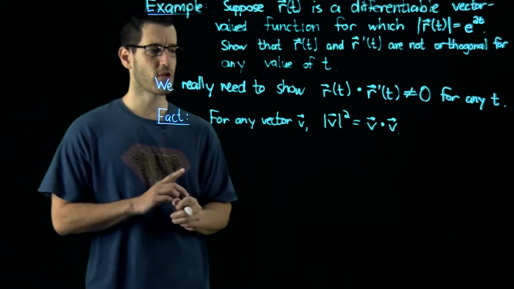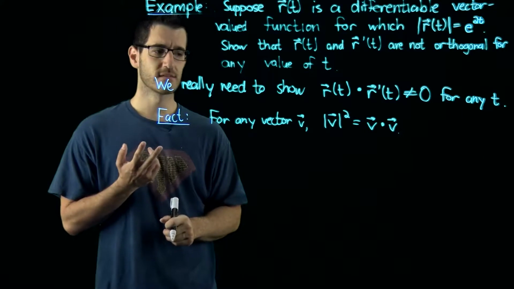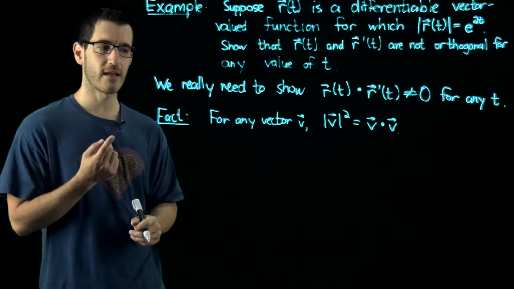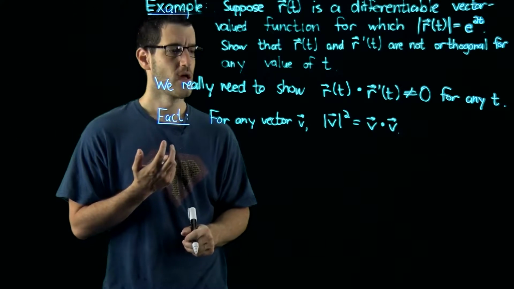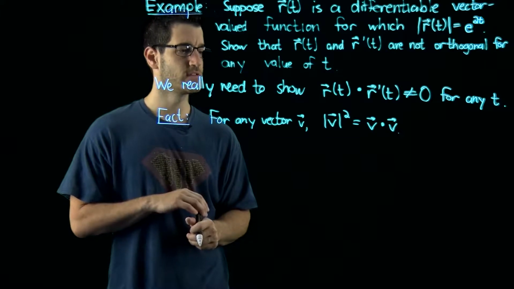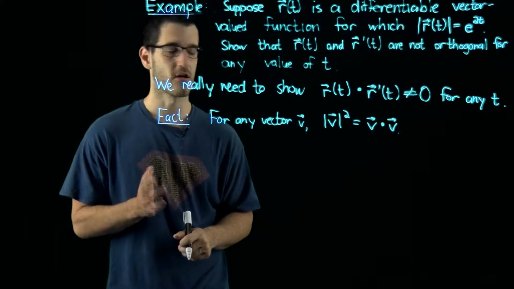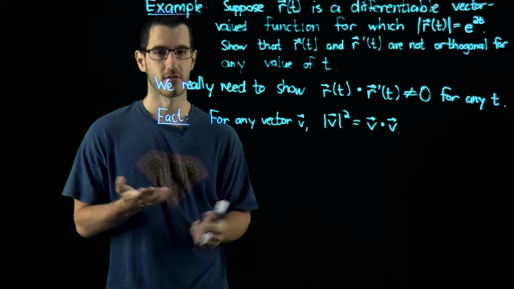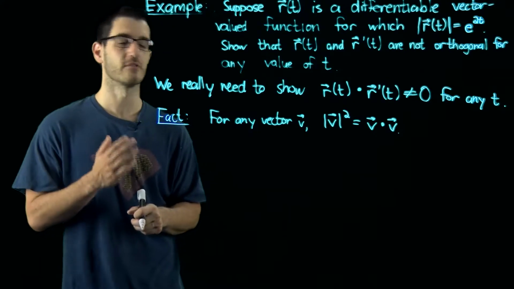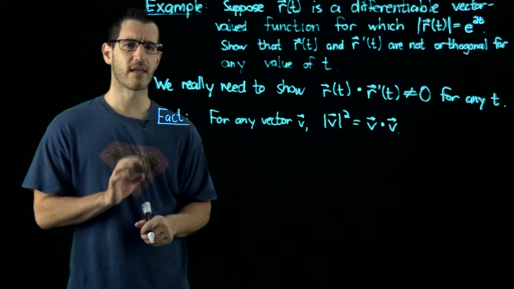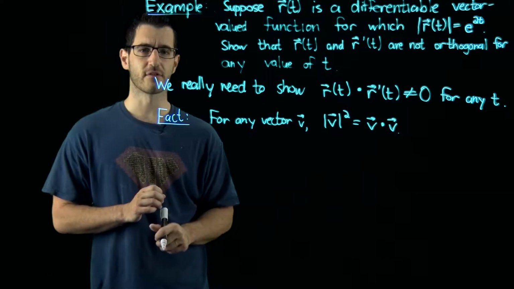If you're not comfortable with this right now, the two ways that come to mind to show this, you can either write out both sides here in terms of the components, v1, v2, and v3, or you can use the fact that v dot v would be magnitude of v, magnitude of v, cosine of the angle between them. Cosine of the angle between them is 0, so v dot v will just be magnitude of v squared. If you're not comfortable with that, take a second and pause the video and just try to work this out for yourself.